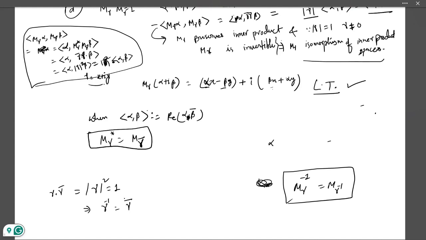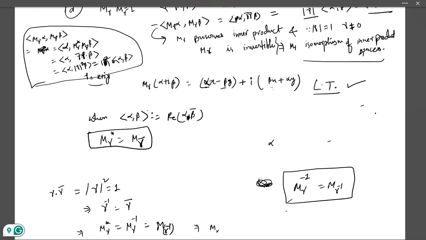In unitary thing, I can write it like this: the relation says m gamma star is nothing but m gamma inverse, and m gamma inverse is nothing but m of gamma inverse. Look into these relations.